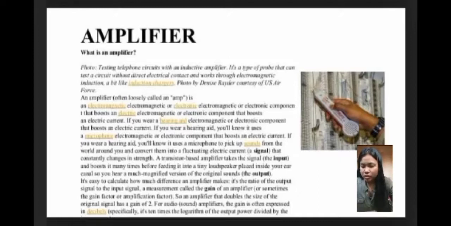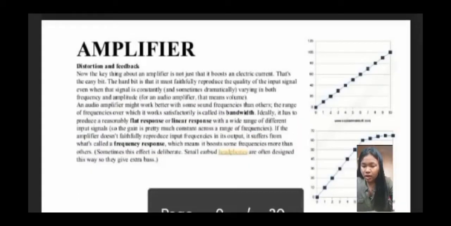A transistor-based amplifier takes the signal and boosts it many times before feeding it into a tiny loudspeaker placed inside your ear canal, so you hear a much magnified version of the original sound.